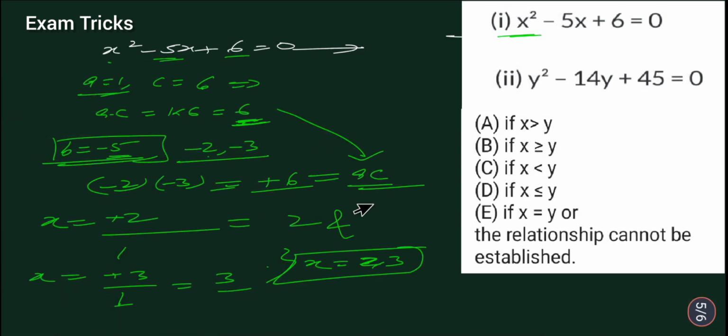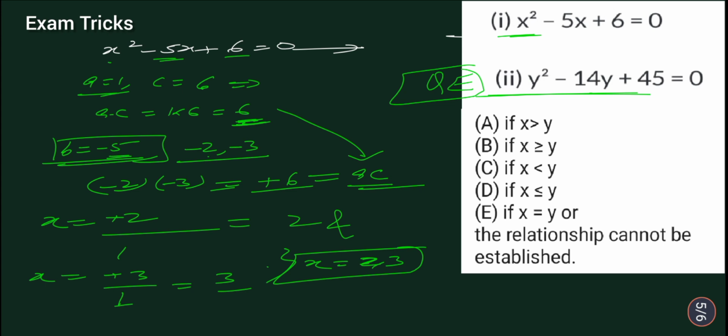We can also solve the equation in the form of y, that is a quadratic equation. This is also a quadratic equation, and we can solve it by tricks, right? Now y square minus 14y plus 45.